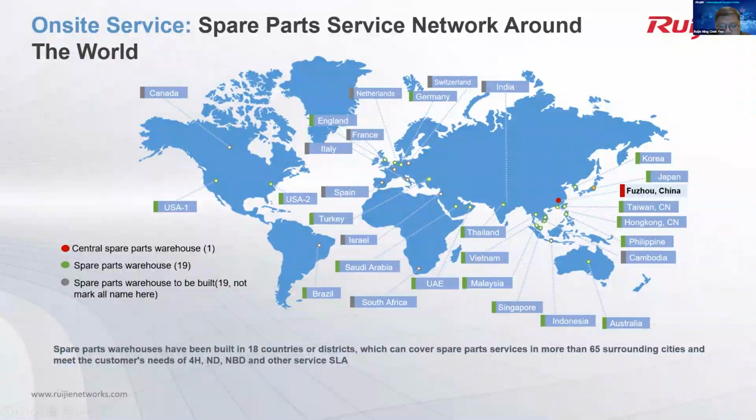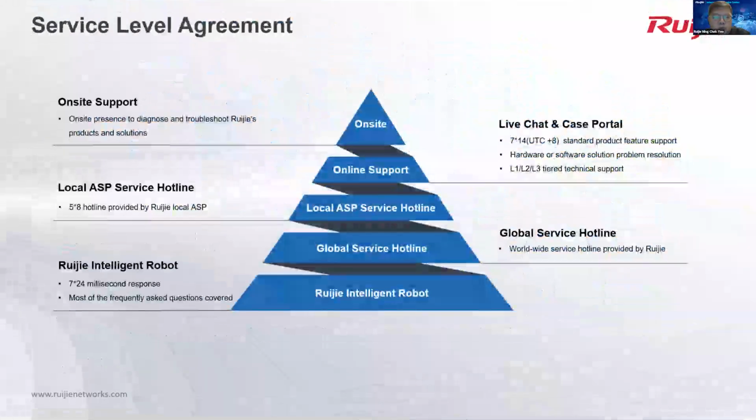We have multiple locations, so in case the hardware is broken, if you have purchased AHR, we can get replacements from our local warehouse to support all the business-critical hardware. So this is basically a summary of everything Ruijie provides.